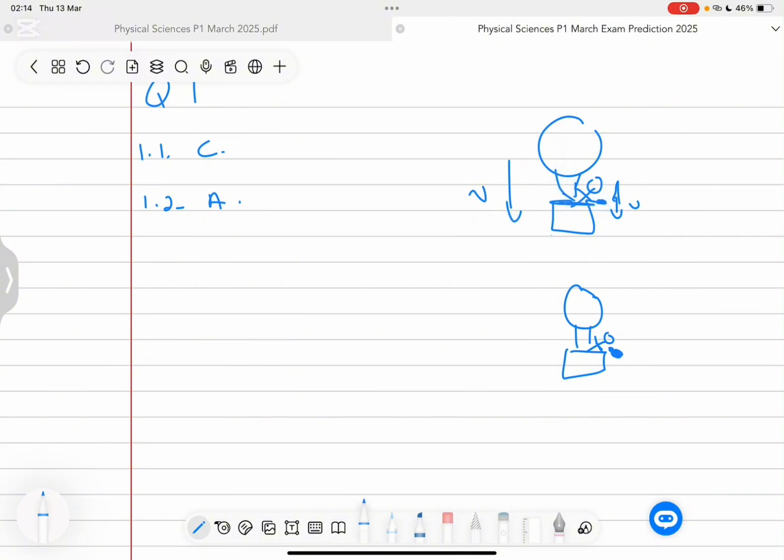Now, when we get to this point, the hot air balloon still moves with the velocity v, because remember, we said the velocity is constant. So it does not change from here to here. Now, when this person drops the ball here, the ball will still have the velocity v.